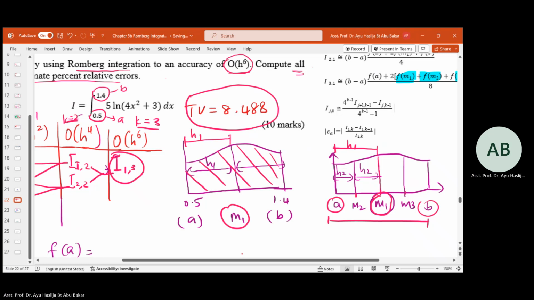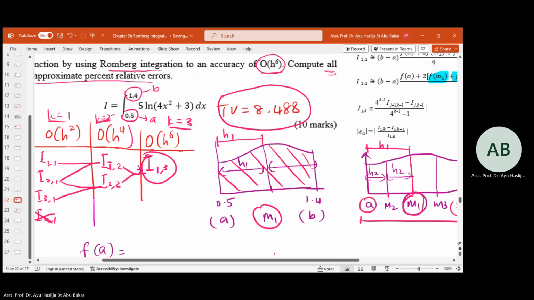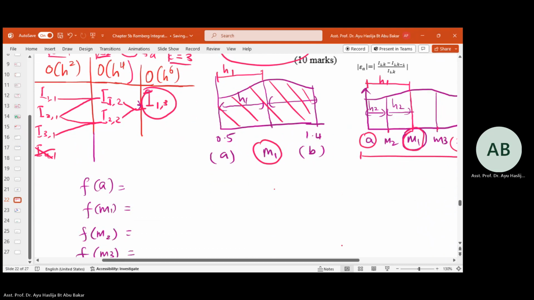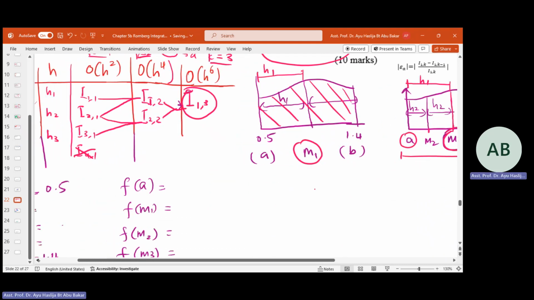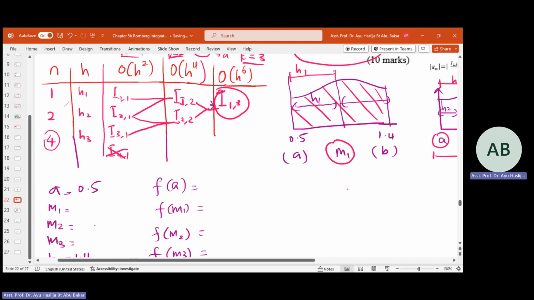h1. What do you get for your M1? A plus B divided by 2.